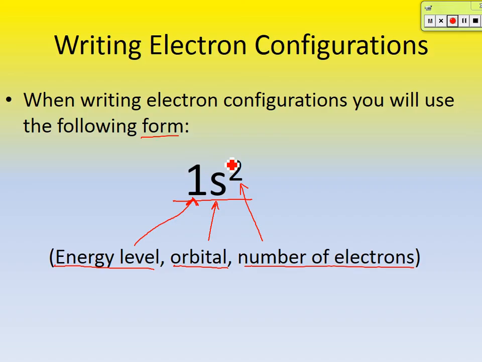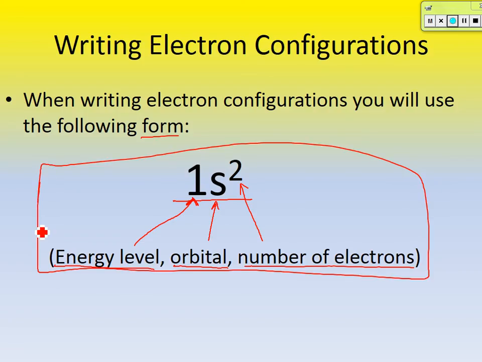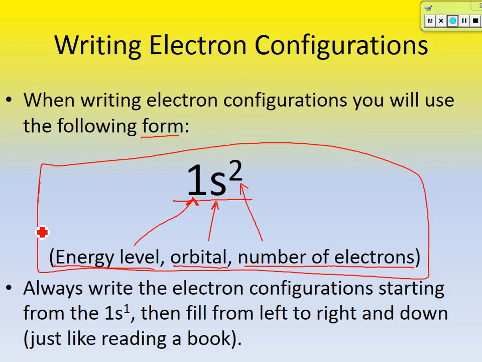Okay, so somewhere on your periodic table, it would be a good idea to write this information down. This is the form that we're going to use to write these electron configurations. We're always going to write the electron configurations starting from the 1s1, and then we're going to fill them from left to right and down, just like reading a book.